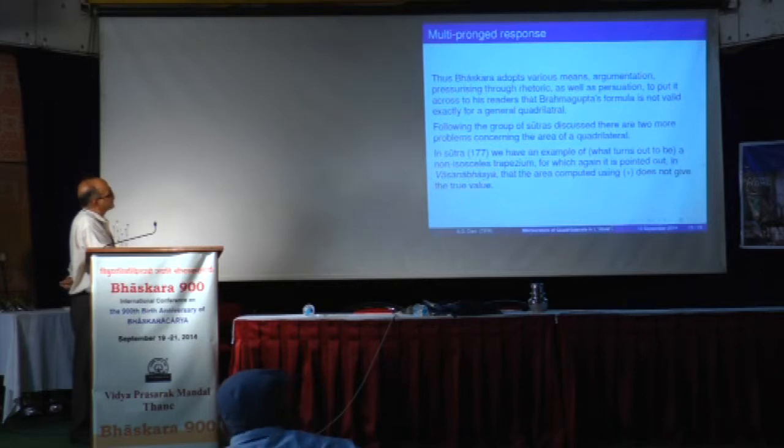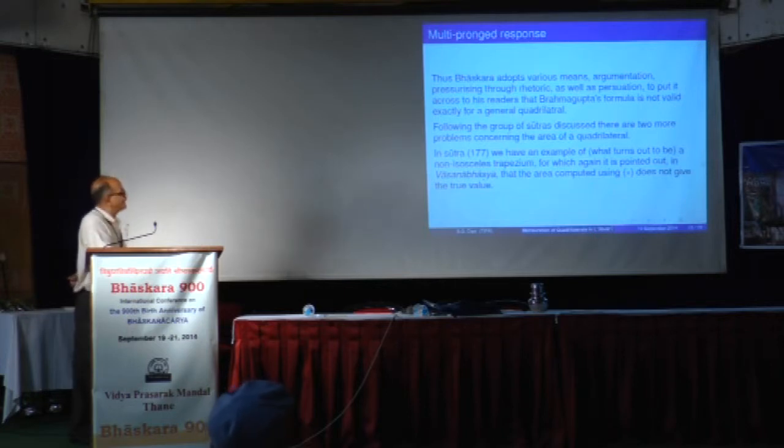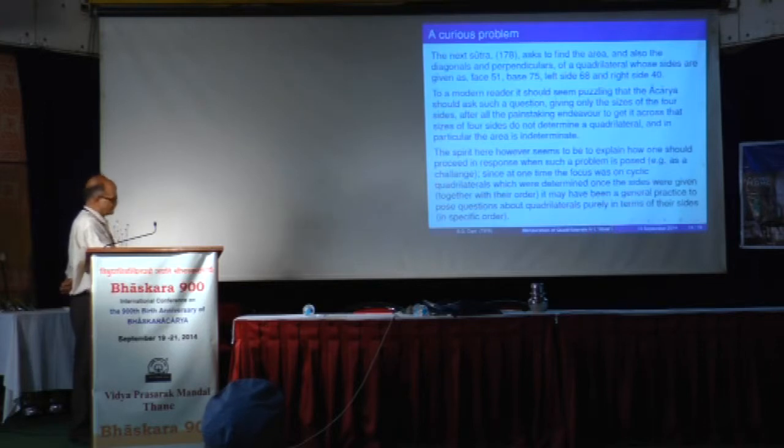For the group of sutras that follow, there are two more problems concerning the area of a quadrilateral, and I'm going to focus on the second one. The first one is again another trapezium which is not symmetric, and therefore the formula does not hold. So there is one more confirmation. But the one that I want to discuss in a little more detail is the following.